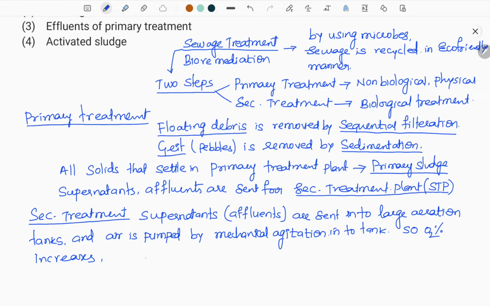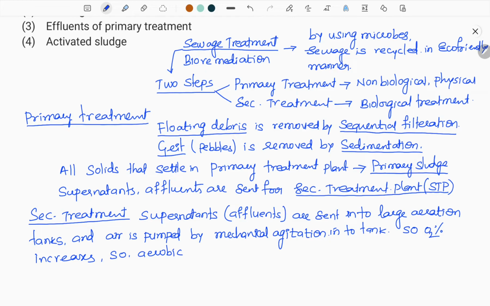As the oxygen percentage increases, the aerobic bacteria and fungi will develop a lot inside that aeration tank. You know that aerobic bacteria love the presence of oxygen. Earlier there was no oxygen in that organic debris.